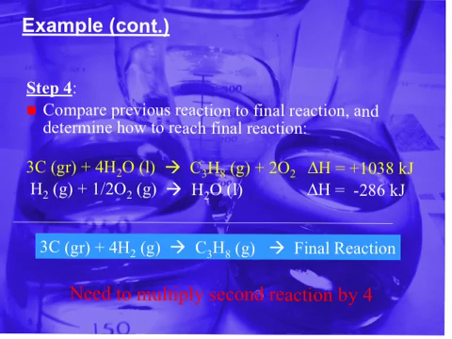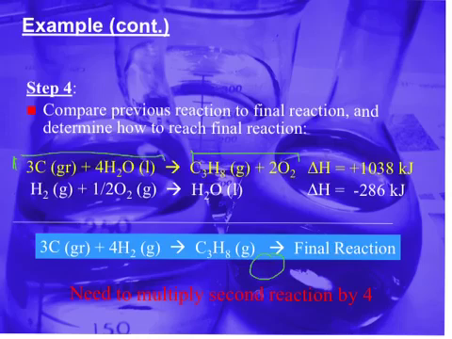So now we notice that in our intermediate equation, we have 3 carbons reacting with 4 waters yielding propane and 2 oxygen. And in our final reaction, there is no oxygen as a product, therefore we have to somehow remove it. We notice that in our third equation that we can use to manipulate, we have hydrogen gas reacting with half a mole of oxygen gas, to yield water.